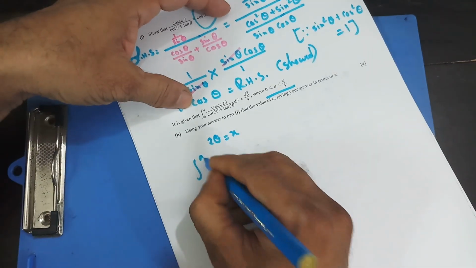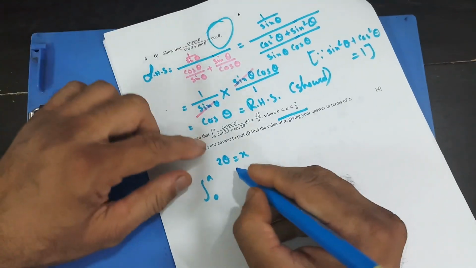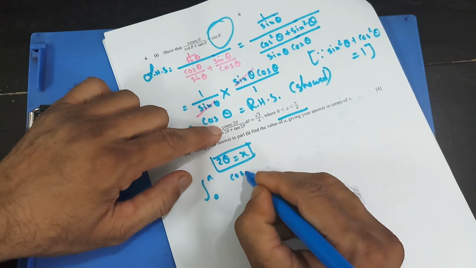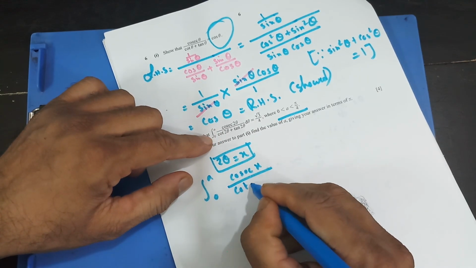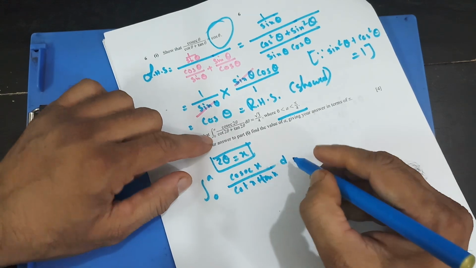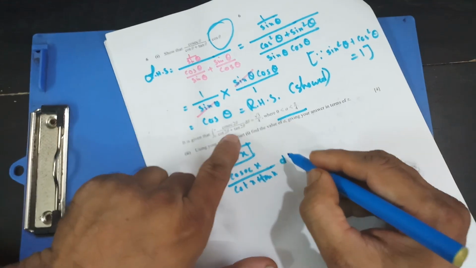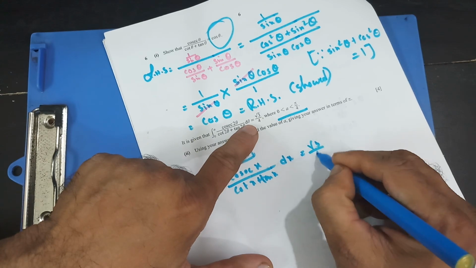So what I'm going to do, instead of that, the integral from 0 to a of cosec 2 theta, if we take it like that, is going to be cosec x by cot x plus tan x dx, equal to root 3 by 4.